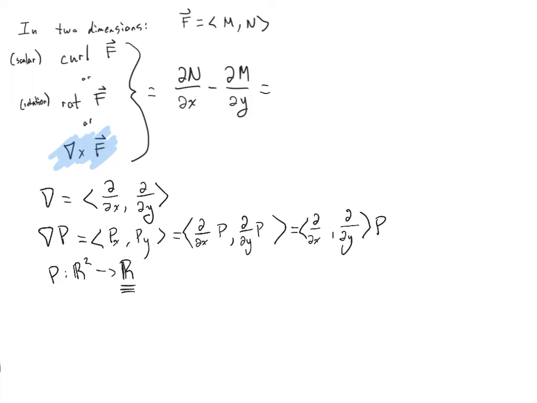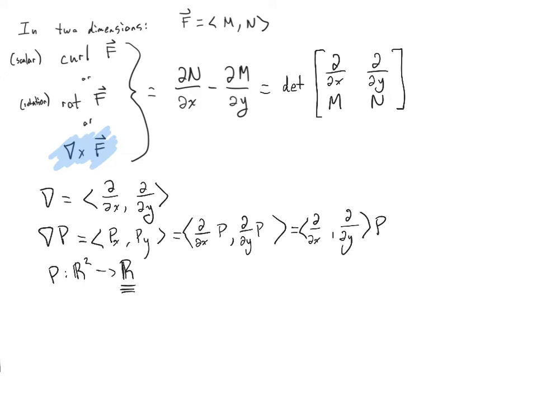And so the same thing makes sense for this formula here. The way that looks is cross products were defined as determinants. So it was the determinant of a 2x2 matrix for these 2-dimensional vectors of d dx, d dy, m, n.